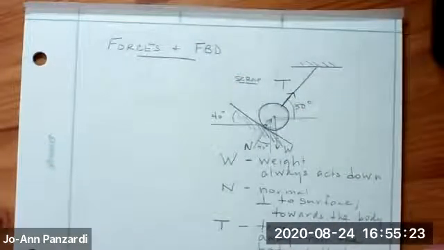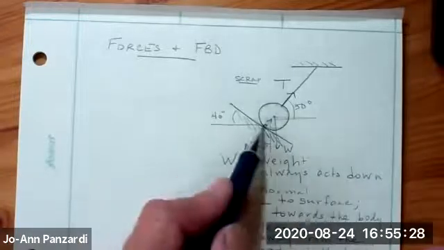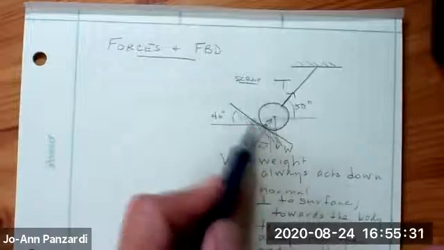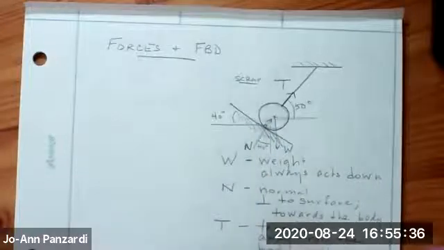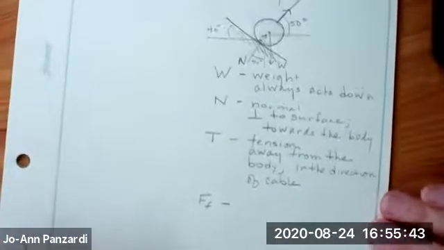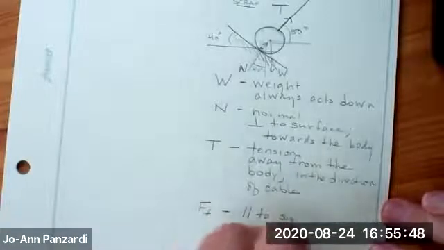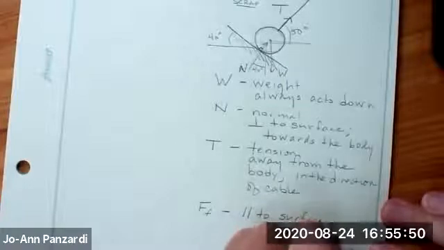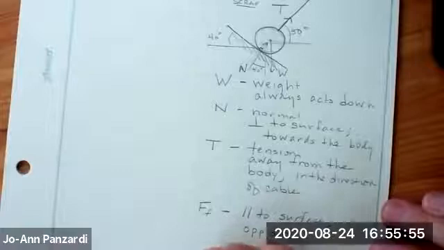In addition, another force that's present is, let's assume that this isn't frictionless. The surface of the cylinder and the surface of the plane right here have friction between, and we'll just call it capital F sub S. And we know that this is drawn parallel to the surface, and it's opposite the direction of motion.